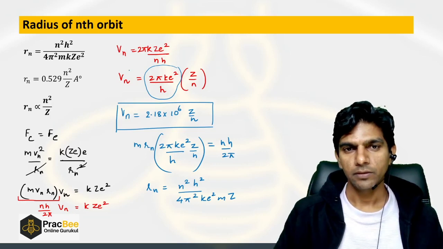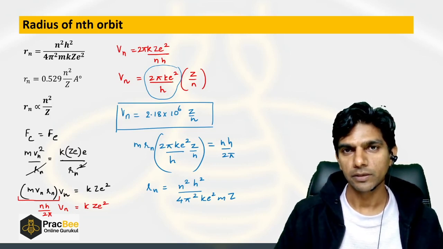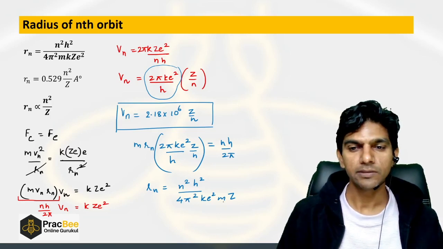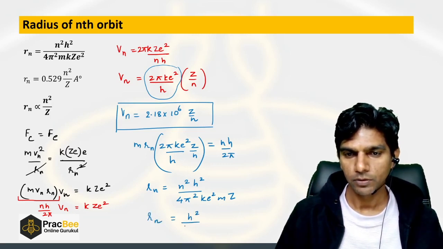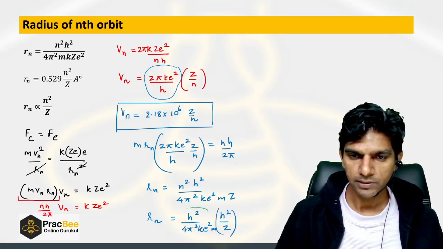Can you see in the velocity formula, m is not there. So we can say Vn does not depend upon mass, but radius depends upon mass. It is inversely proportional to the mass of the electron, right? So Rn is equal to h square upon 4 pi square k E square m, times n square by Z. Again, there is a factor which contains known quantities.